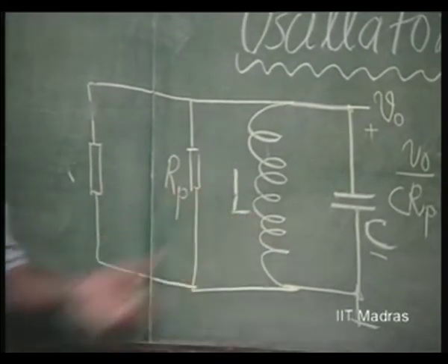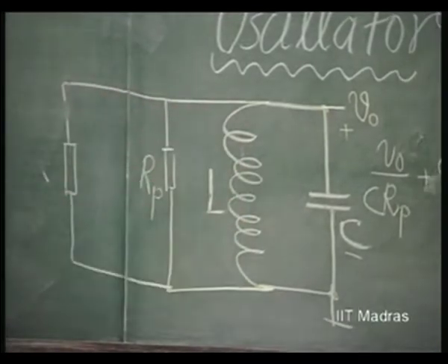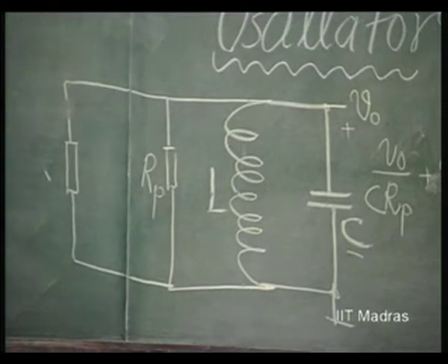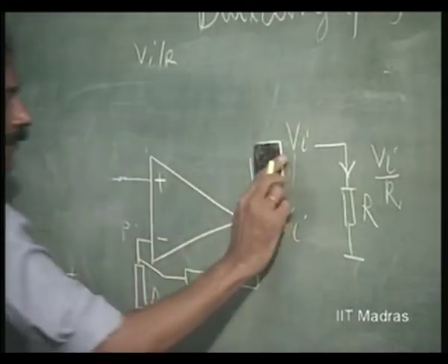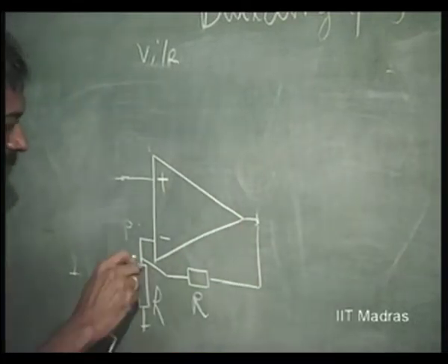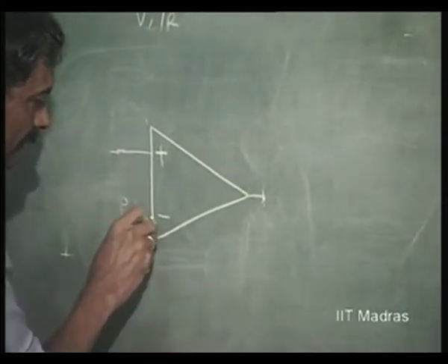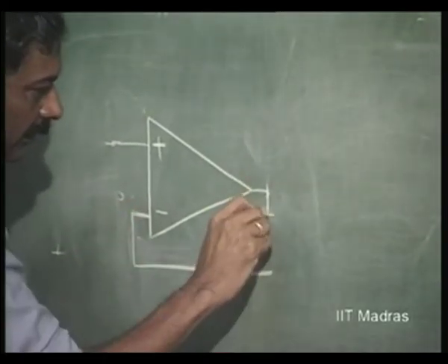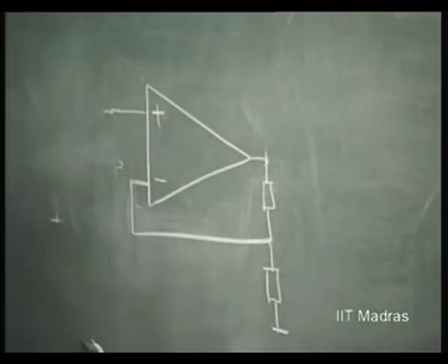If I do not want to use an inductor, I can simulate that inductor using the gyrator. So, let us look at that gyrator circuit. How will it look? In fact, we had used this kind of resistance there, if you remember. The first circuit was an amplifier with gain of 2.